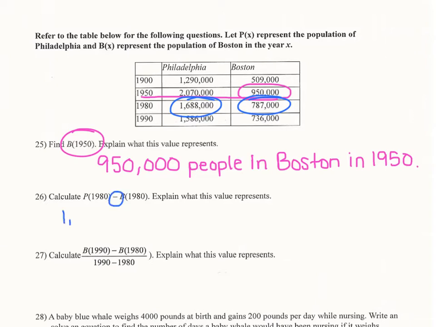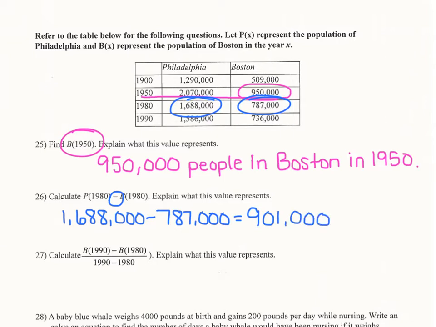So 1,688,000 minus 787,000 gives me a grand total of 901,000.